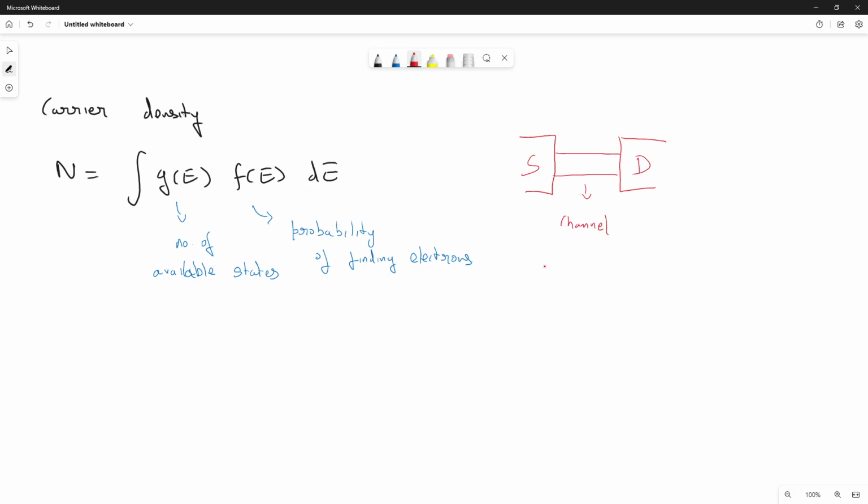Yes, sir. Let us say I've done the requisite mathematics, and I know the carrier density of the source and the carrier density of the drain. So these two quantities I can find out using this method. Now, these are connected by a channel. And in our course, this channel is a mesoscopic channel.